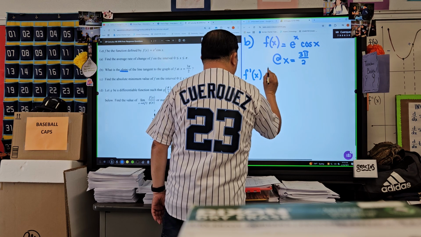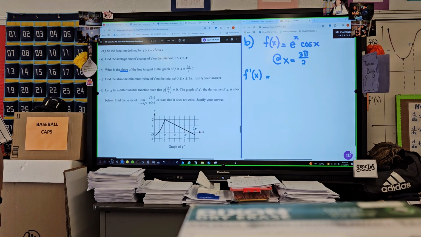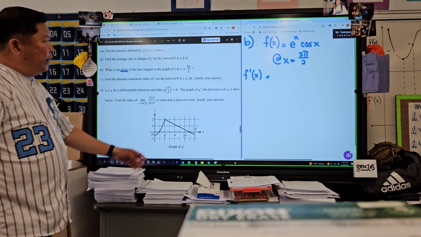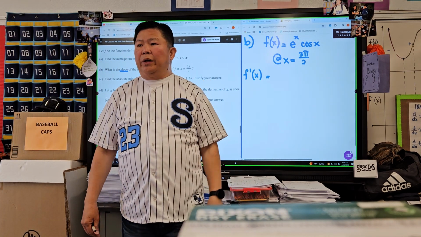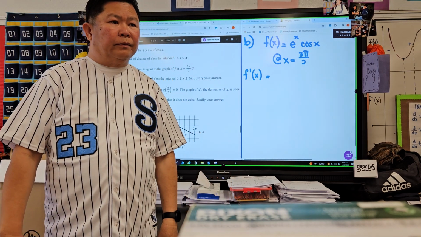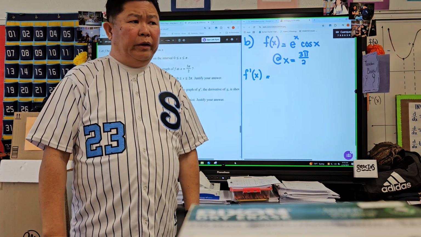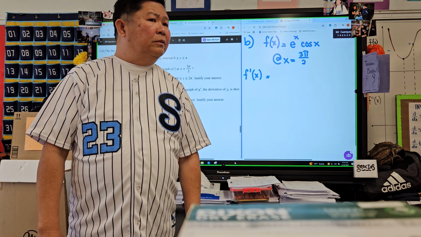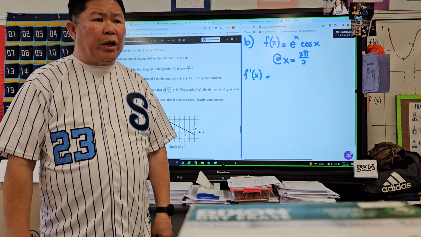What you notice on the given function, what rule can we apply? We have e to the power of x and cosine x. It's product rule.